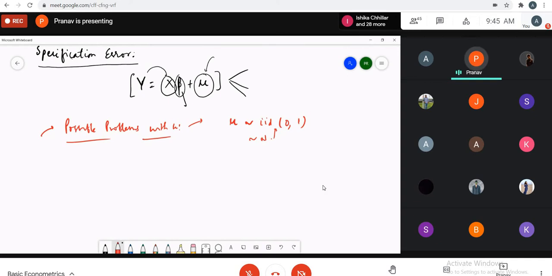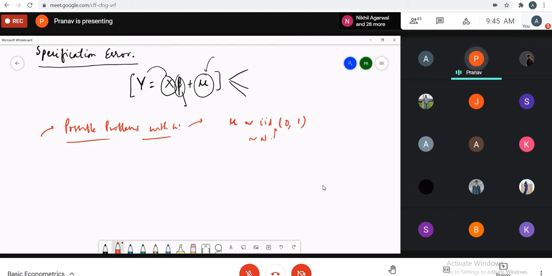Time and again I have repeated that this normality assumption is not required to talk about estimation of OLS estimators. The normality assumption helps us in drawing an inference, because in that case, even under a small sample, we can draw an inference based on the normal distribution of the error terms.